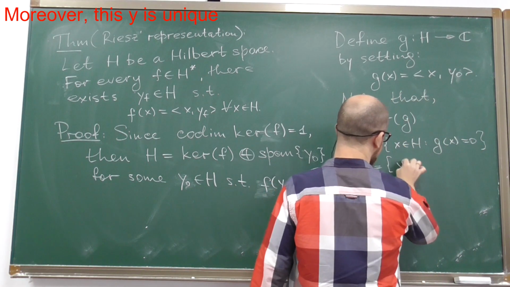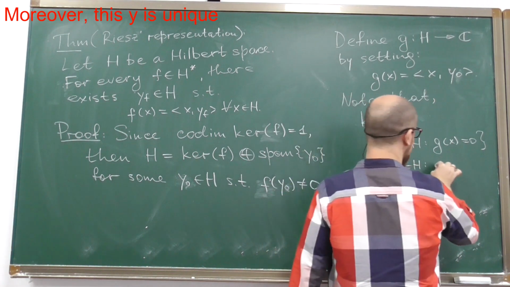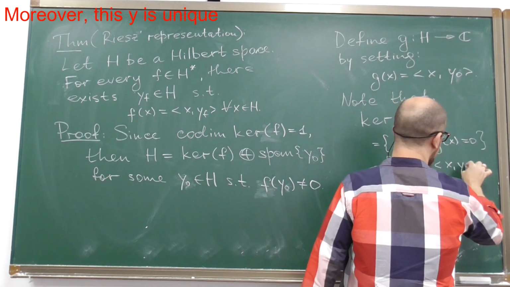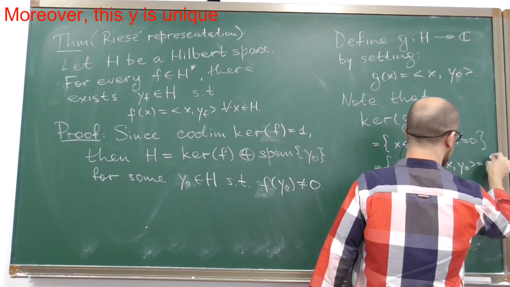By the definition of g, the kernel consists of all x's such that x in a product with y0 is 0.